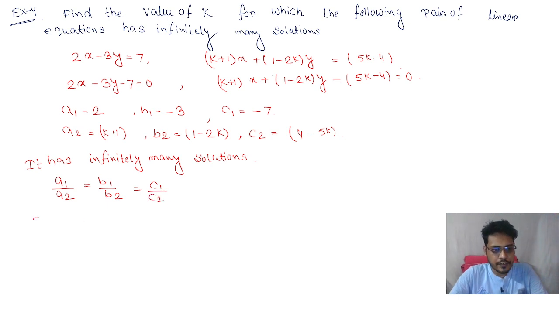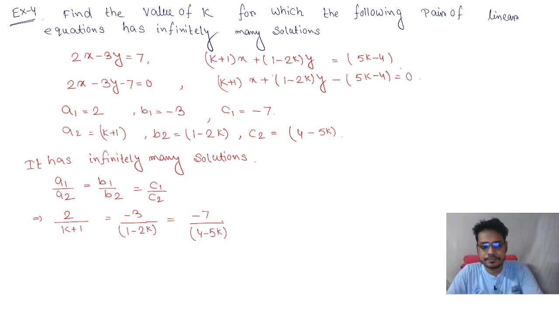Now just put in the values: a1 is 2, a2 is k plus 1, b1 is minus 3, b2 is 1 minus 2k, c1 is minus 7, and c2 is 4 minus 5k. Are they equal?